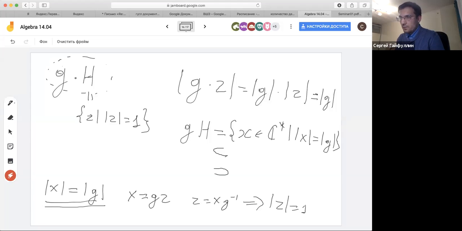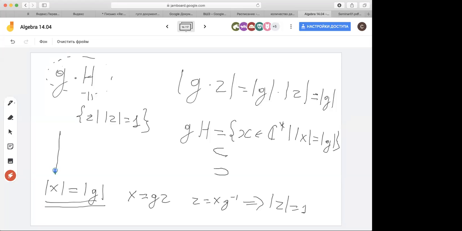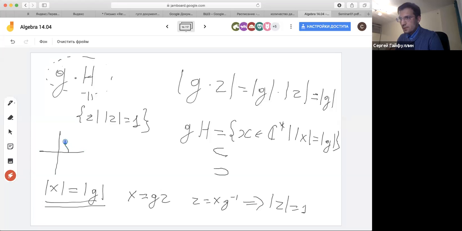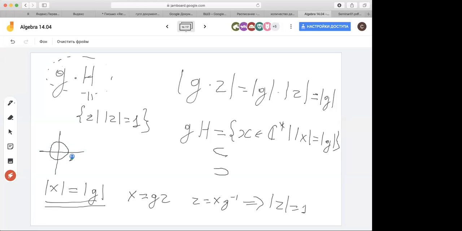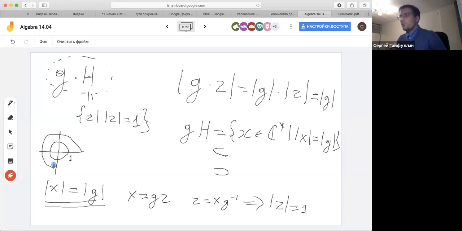Again, could you repeat the explanation for the last line that you wrote? Of course. What do we prove and how do we prove it? Okay, we prove the inclusion that this set is in this set.